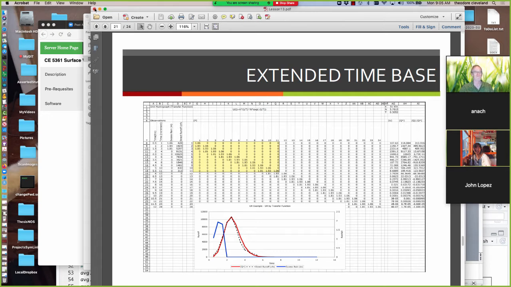So that's the topic for today. And that will conclude what I think is the necessary background for unit hydrographs, and we'll start applying these in our analysis software.